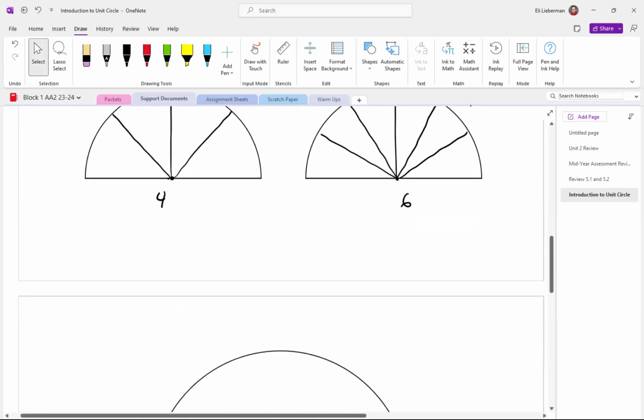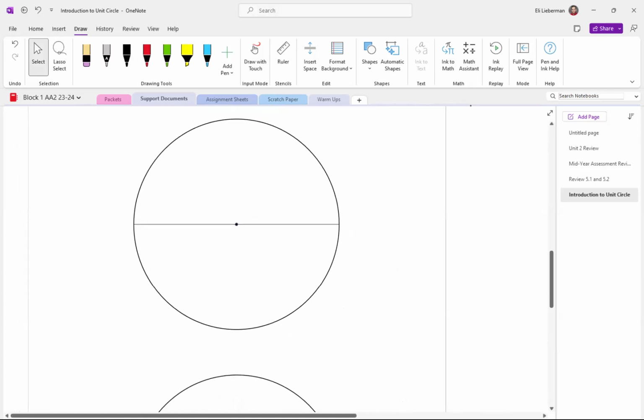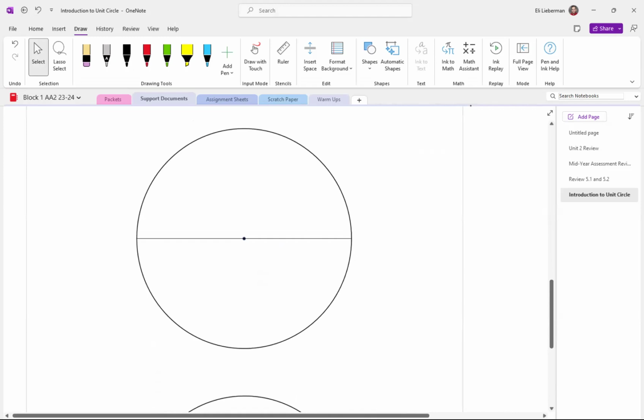Let's keep going. Oh, look, it's a full pizza. Could you please cut this one into 8 slices?